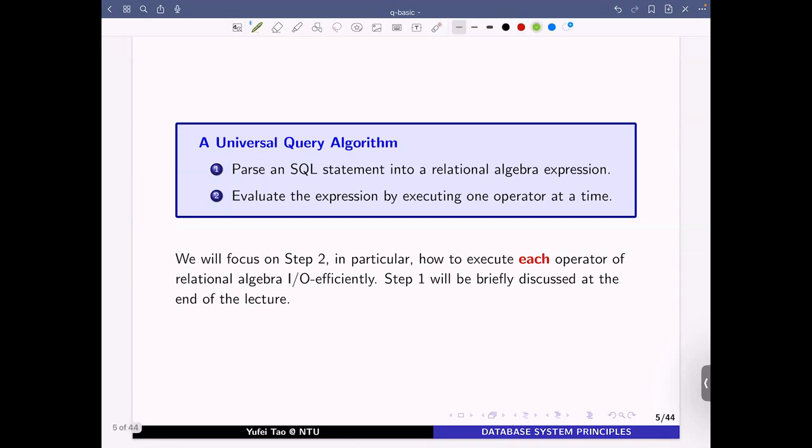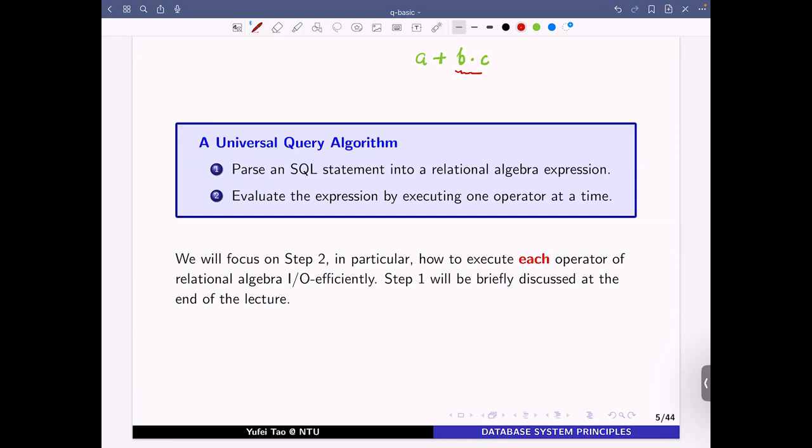So I think it would be useful to draw some correspondence to arithmetic algebra, which I believe you are very familiar with. For example, if I give you such an expression, this is not a relational algebra expression, this is an arithmetic algebra expression. If you want to evaluate this, you do one operator at a time. Here, obviously you have to evaluate this part first.